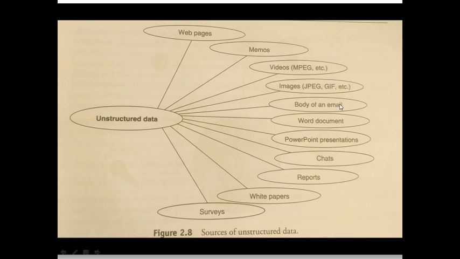Body of an email, you might think that the body of an email is normal, only words are used, no superhuman language is used in the body of an email. Then how is it unstructured? It is unstructured because you cannot classify the entire body in a structure. Some mail might be written with some motive, some other might be written with some other motive. There is no association which you can make, there is no categorization which you can make. So simply it falls under the category of unstructured data.